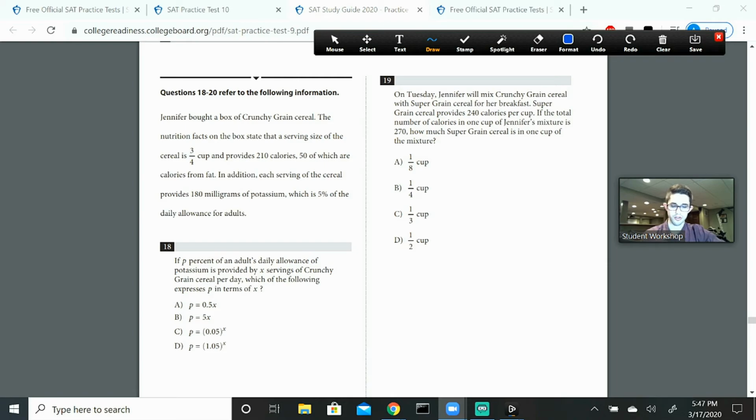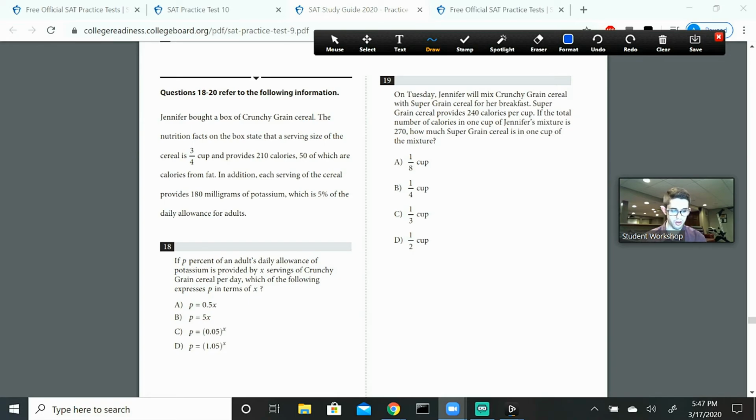In addition, each serving of the cereal provides 180 milligrams of potassium, which is 5% of the daily allowance for adults. If P% of an adult's daily allowance of potassium is provided by x servings of Crunchy Grain cereal per day, which of the following expresses P in terms of x?